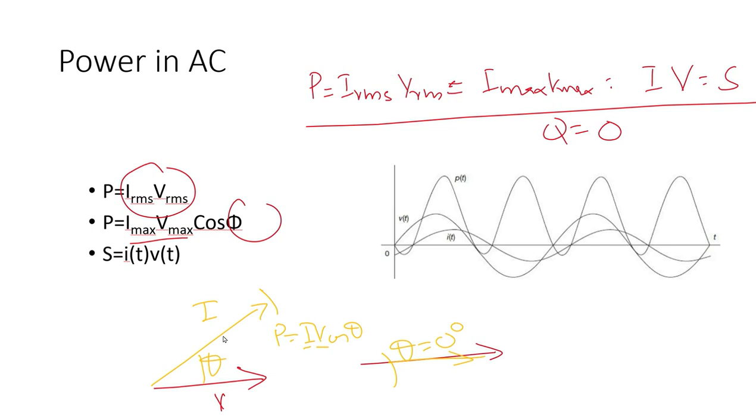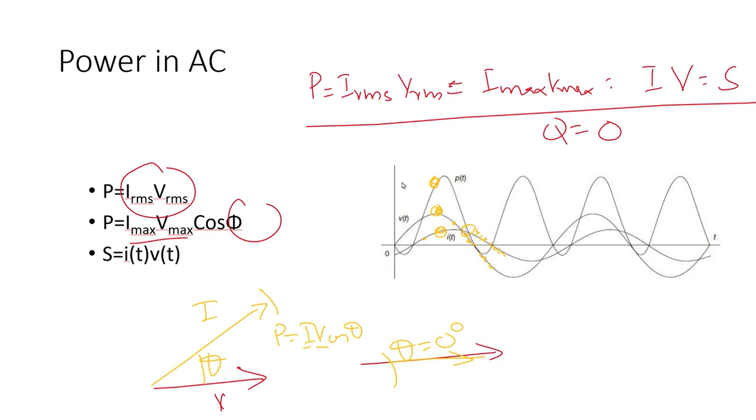Now if we want to calculate the total power, it can be calculated from the instantaneous values of voltage and current. As the voltage increases and then decreases and the current increases and then decreases, multiplying here and here would give us one power, but here and here would give us a different power.